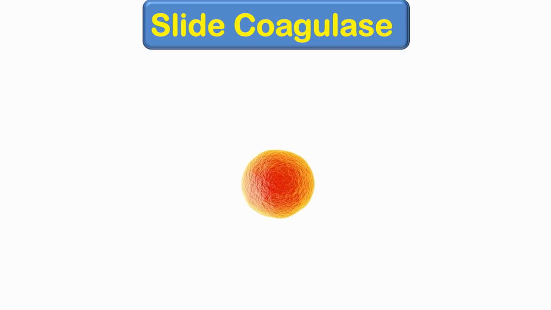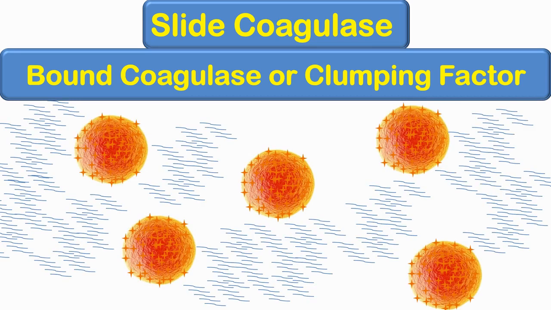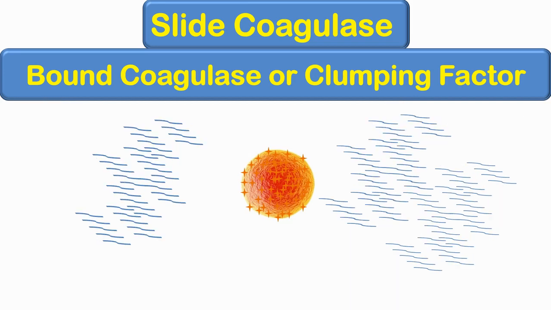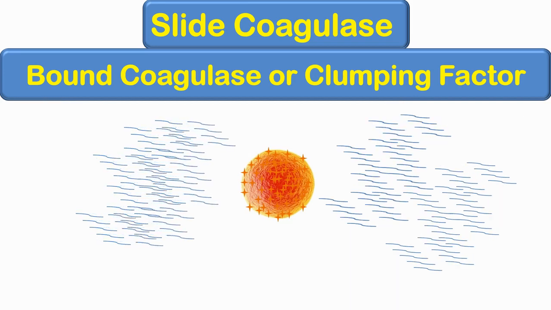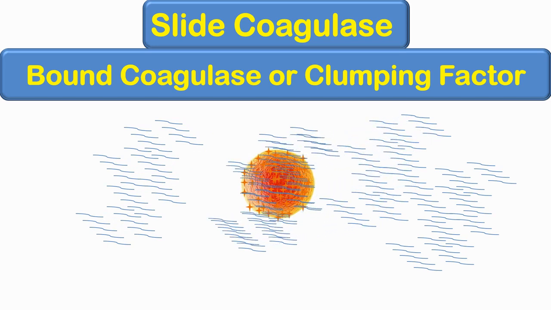The slide coagulase test is done to detect the presence of the bound form of coagulase enzyme, also known as clumping factor. Clumping factor is a bacterial cell wall receptor that binds fibrinogen. So let us see what happens when we suspend the bacterial cells in the plasma that contains fibrinogen. The clumping factor binds and converts the fibrinogen in the suspension into elongated fibrin strands.